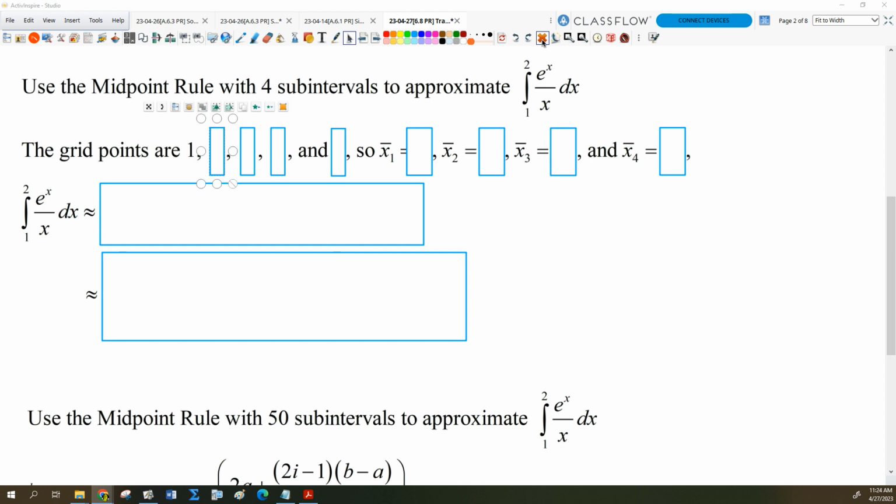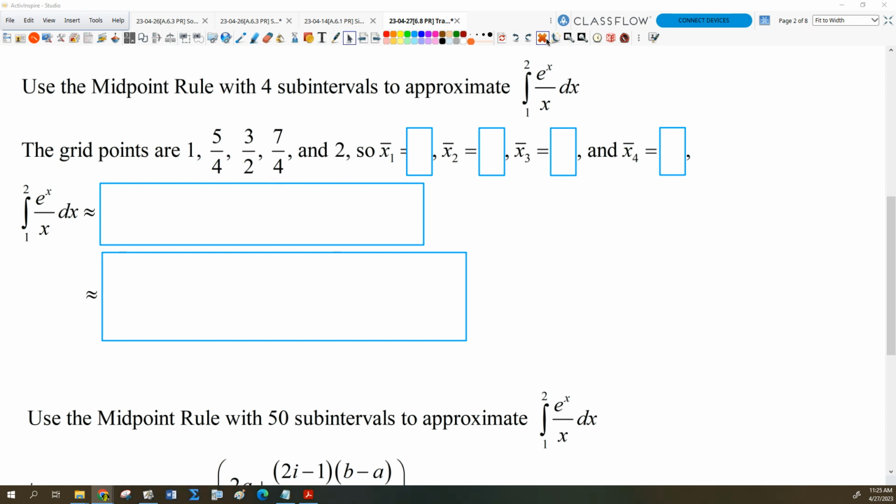That's the right edge of the first subinterval, and it's also the left edge of the second subinterval. What's the right edge of the second subinterval? 6/4, which would just be 3/2. Next grid spot would be 7/4, and then finally 2.